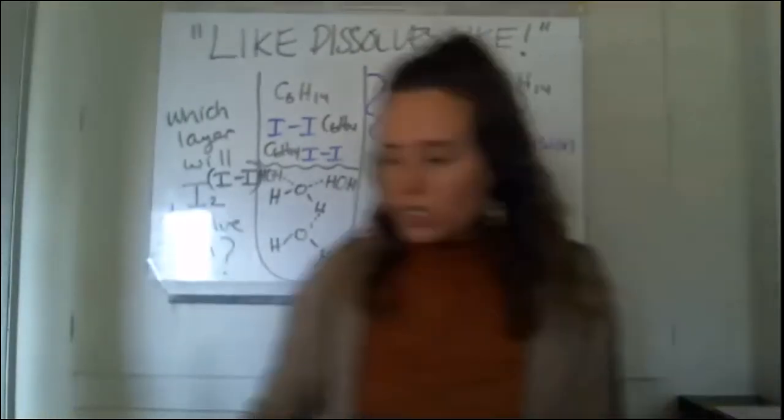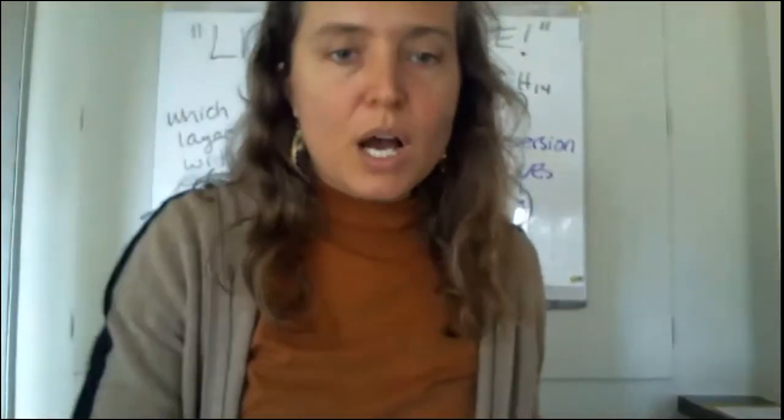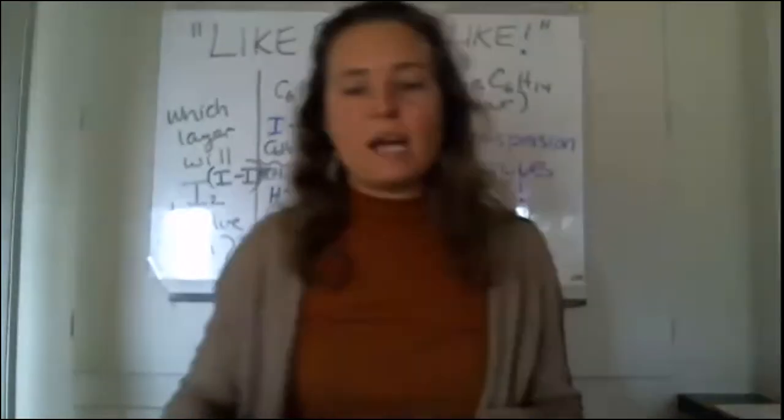So we're going to switch gears again and talk about balancing. We're going to talk about chemical reactions. So up until this point, we really haven't talked about specific chemical reactions. So I'm going to start now, and we're going to talk about balancing chemical reactions first.